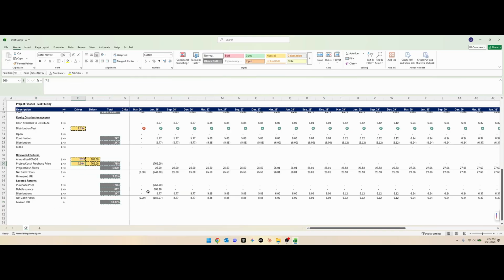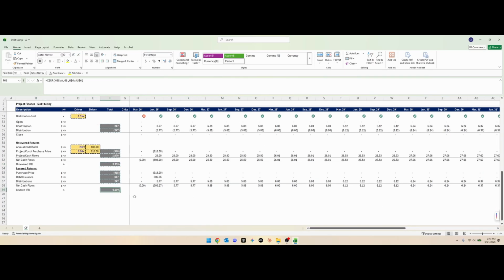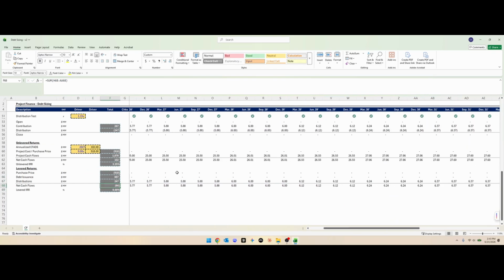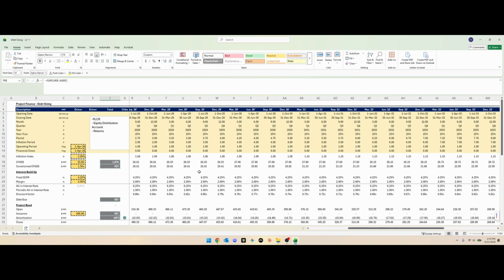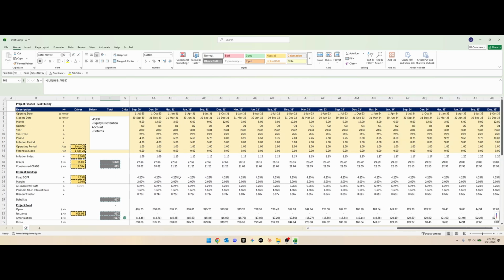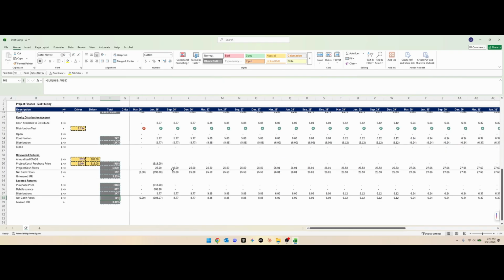If our purchase price becomes too much, where our project unlevered IRR is less than our cost of debt, we're all of a sudden going to have no returns, because we're paying 300 and getting net negative 64 million out of this, because you're basically just servicing debt. You're not ever making a return on your project unless you refinanced it or recontracted it and put new debt on here, which we will get to eventually.